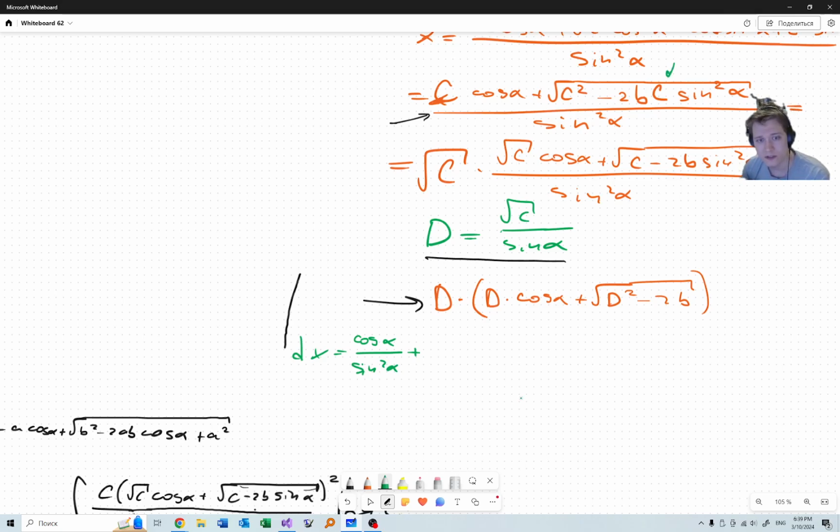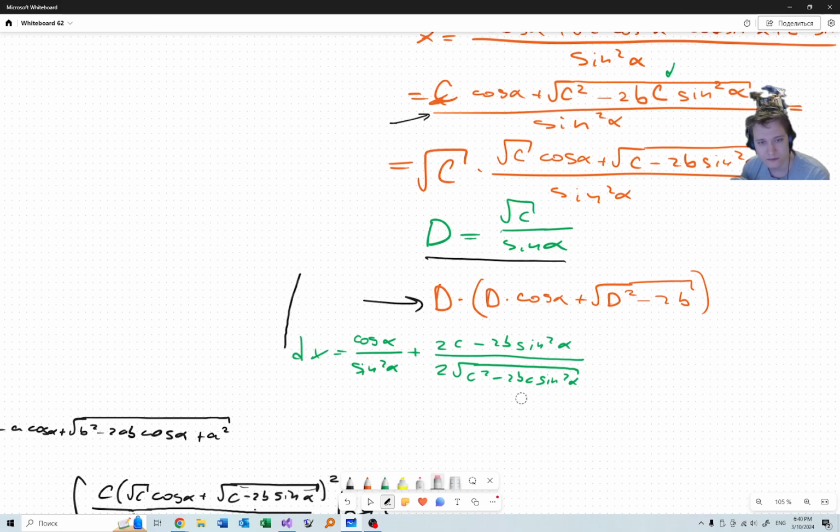Let's calculate it: 2 square roots of c squared minus 2bc sine squared alpha, times the derivative of what's inside, which is 2c minus 2b sine squared alpha.